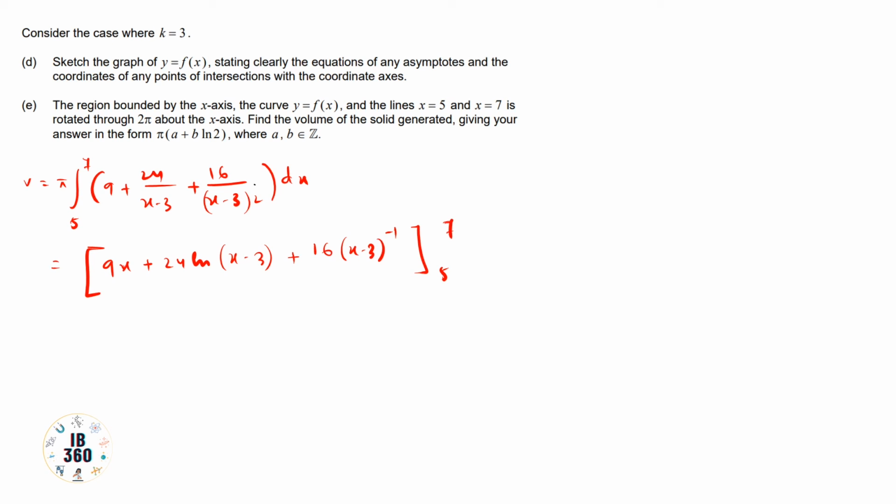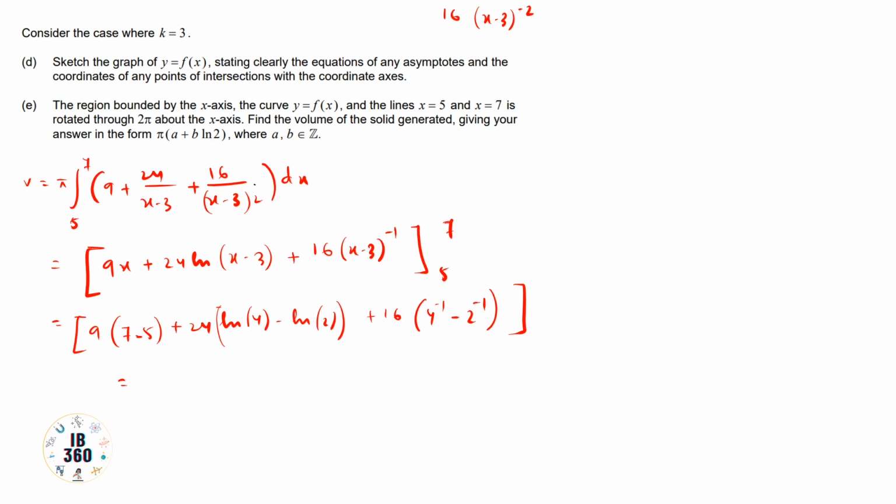Just simple integration here. If it is 16, it is basically 16 times (x minus 3) to the power minus 2, and simple integration here. So 9 into (7 minus 5) plus 24 of (ln 4 minus ln 2), just 7 minus 3 is 4 and 5 minus 3 is 2, plus 16 times (4 inverse minus 2 inverse).